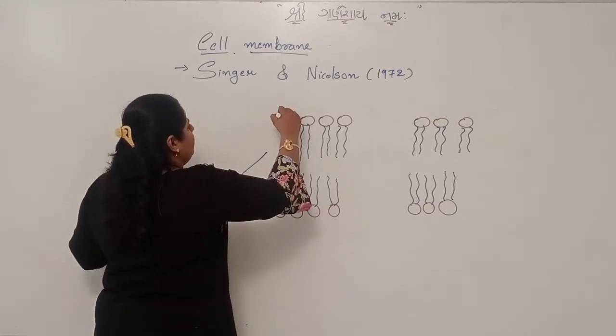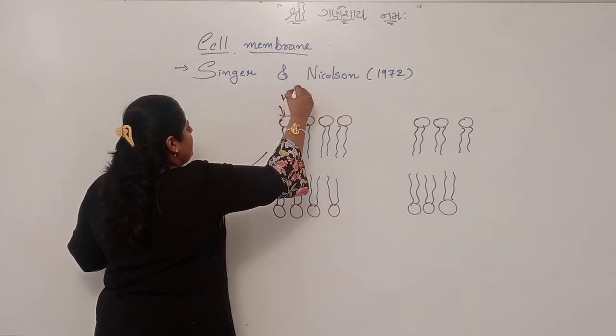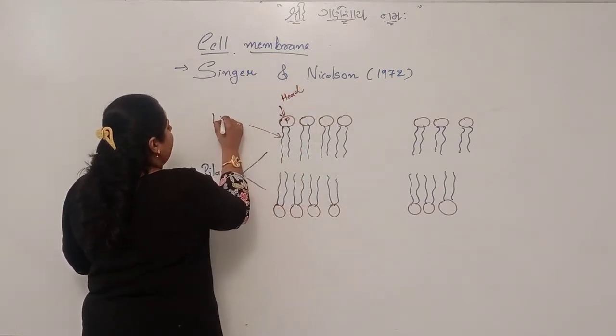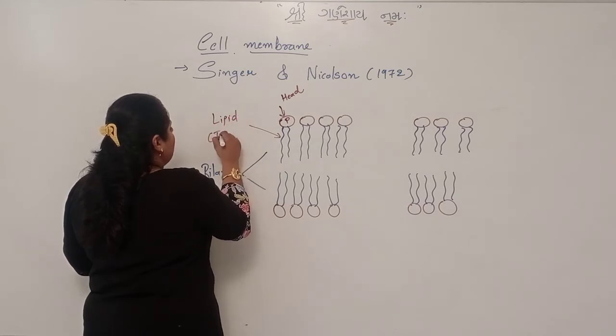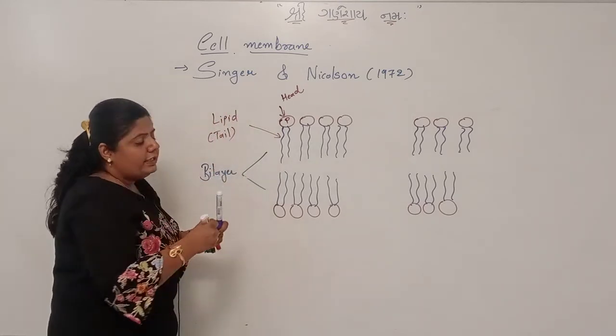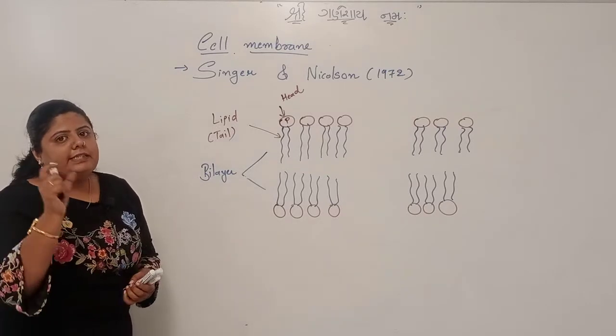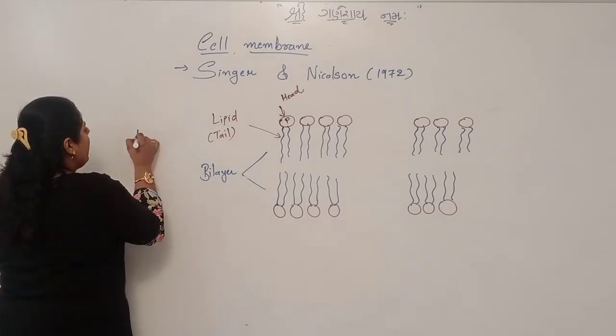This round shape is the head, which is made up of phosphorus, and this tail is made up of lipid. So the tail does not react with water because it's made up of lipid. That's why it's called hydrophobic.